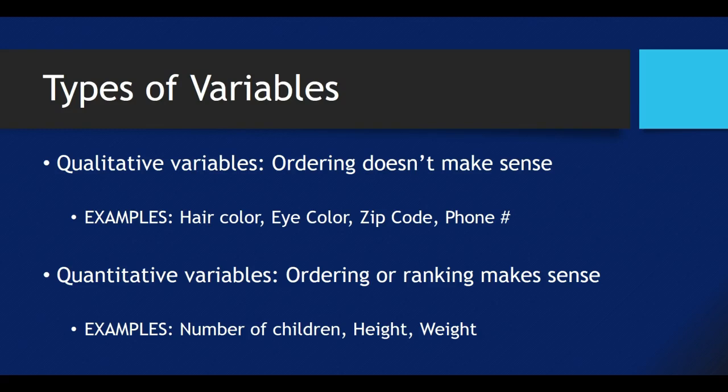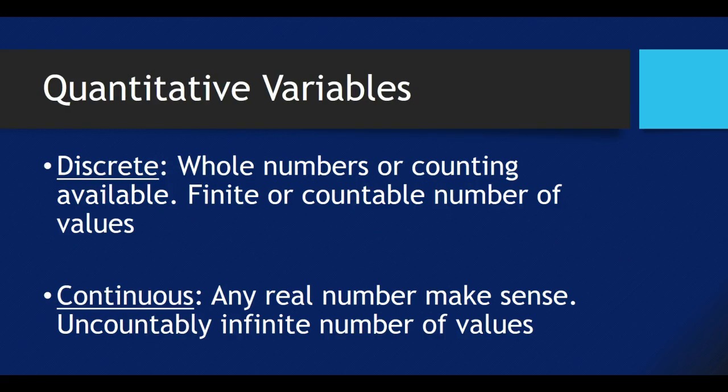Same thing with phone number. You wouldn't tell somebody that your phone number is 632 more than your friend's phone number. That wouldn't give them really any information about who to call. Again, they don't have a baseline judgment. But things like height, weight, we can say, yes, I'm 2 inches taller than my sister, or I am 3 inches shorter than my brother, something like that.